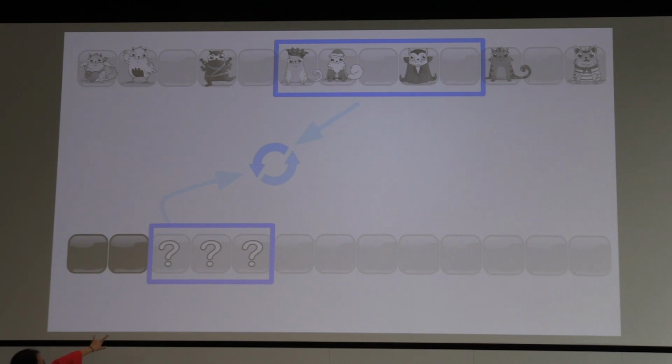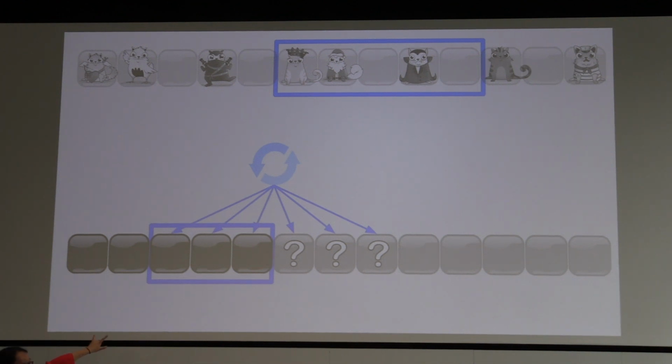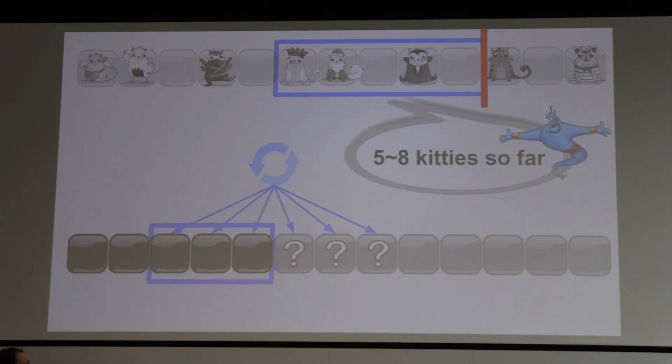Because here I'm not sure if there are kitties or not, I'm going to take this blue box and that blue box. I'm going to combine them, and I will obliviously sort the union of the 2. And again, I want the kitties to appear in front and the empty cells to appear at the end. Now, again, we ask the genie for advice. We want to write the sorted result to the output array again, but we are going to ask the oracle for advice. And the oracle says, up to this red point, there are maybe only 5 to 8 kitties, except with negligible probability.